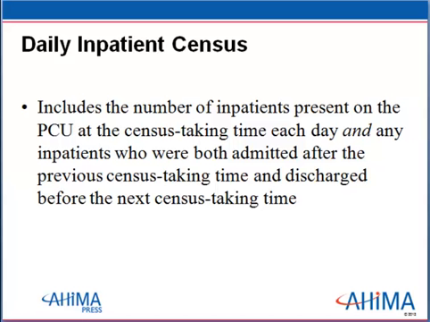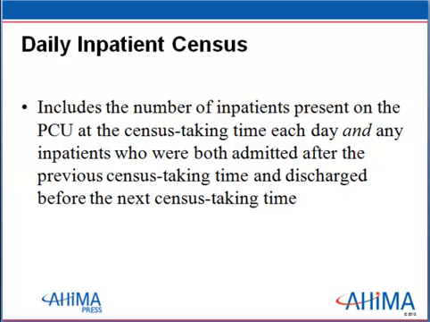The daily inpatient census includes the number of inpatients that are present at census taking time, generally midnight each day, and it includes any patients who were both admitted after last census taking time and discharged before the next census taking time.